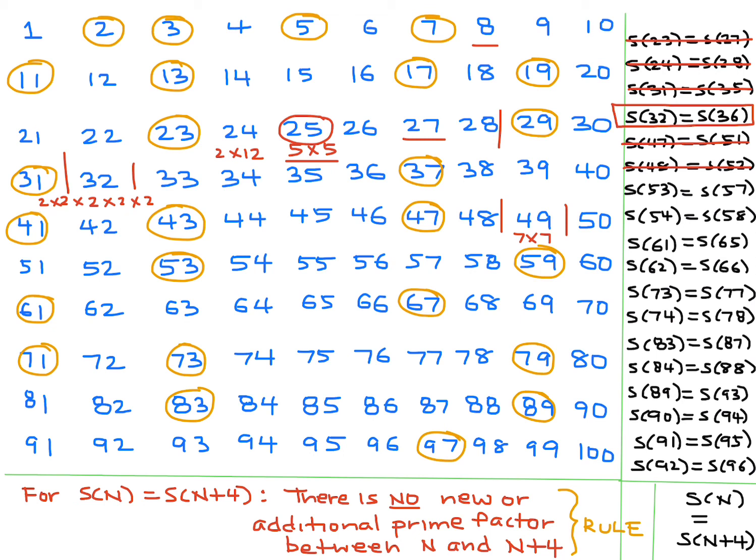Once you get to 32, you get that 5th 2. And then after that, if we go up to 36, it's fine. All of these have those 5 2's as prime factors. So this is a perfectly valid relationship.